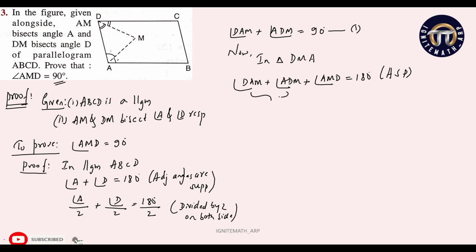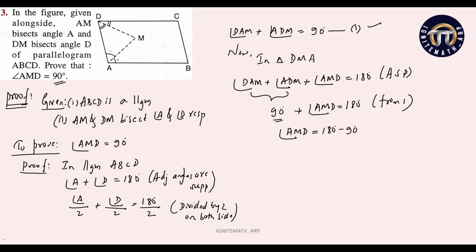So these together, I know, it is 90 degree plus angle AMD is equal to 180 degree. This is from 1, because in equation 1 I have proved that the sum of these two angles is equal to 90 degree. So now I can say that AMD is equal to 180 degree minus 90 degree, that is AMD is equal to 90 degree. Hence proved.